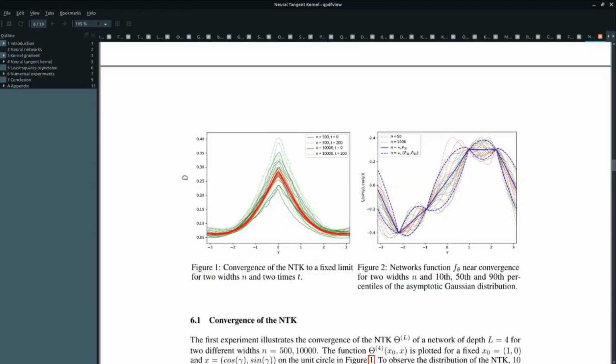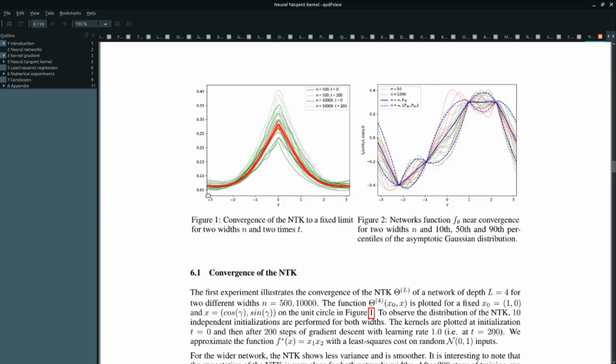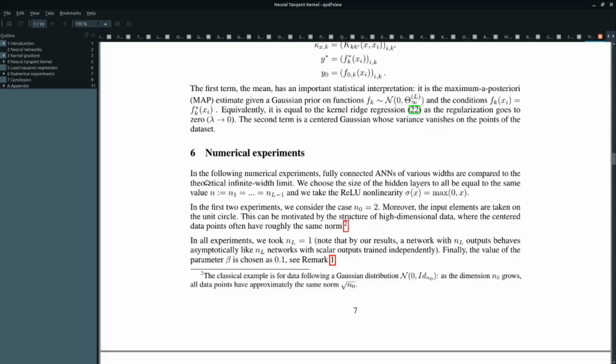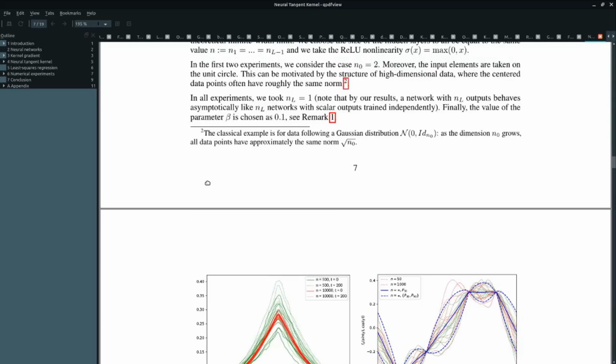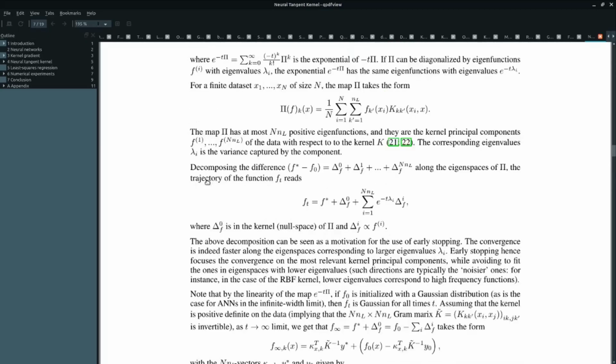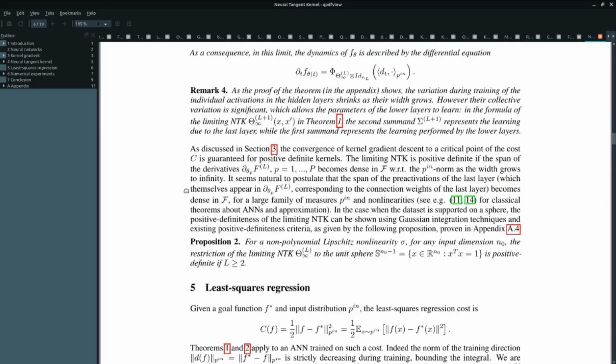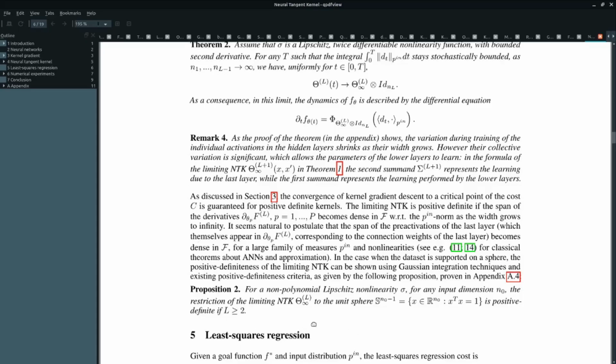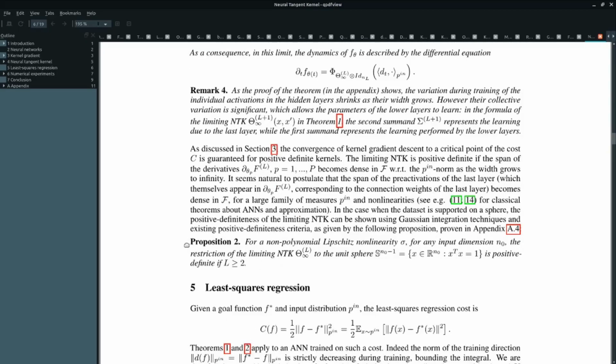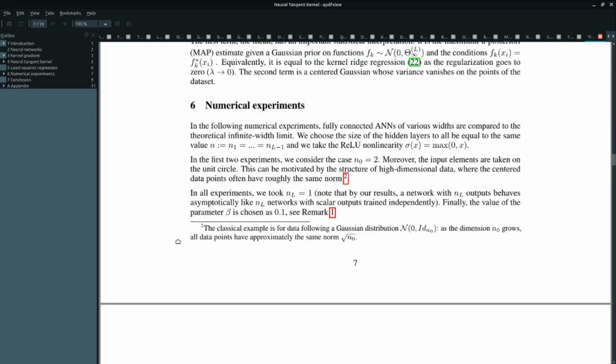So I've pulled the paper here. It's interesting because I had two versions of the paper. In the original paper they had this section, but then apparently they felt they had to add a section saying that when we know the data is distributed on the unit sphere, we know that the NTK is positive definite.